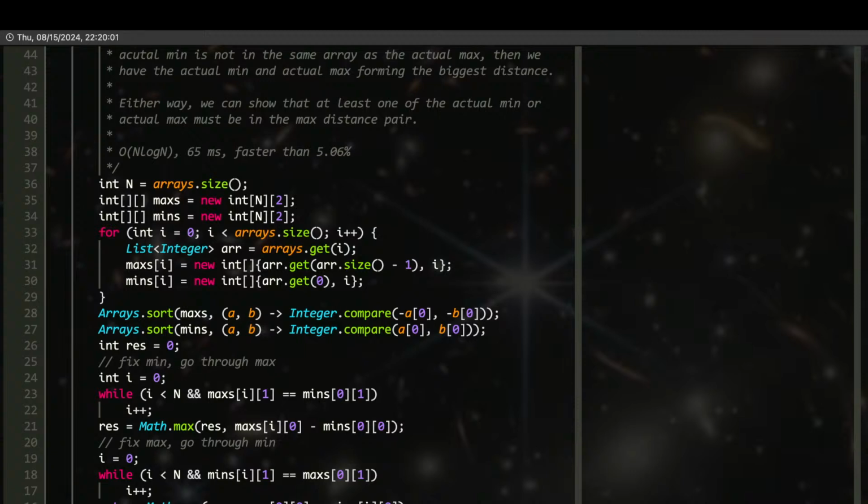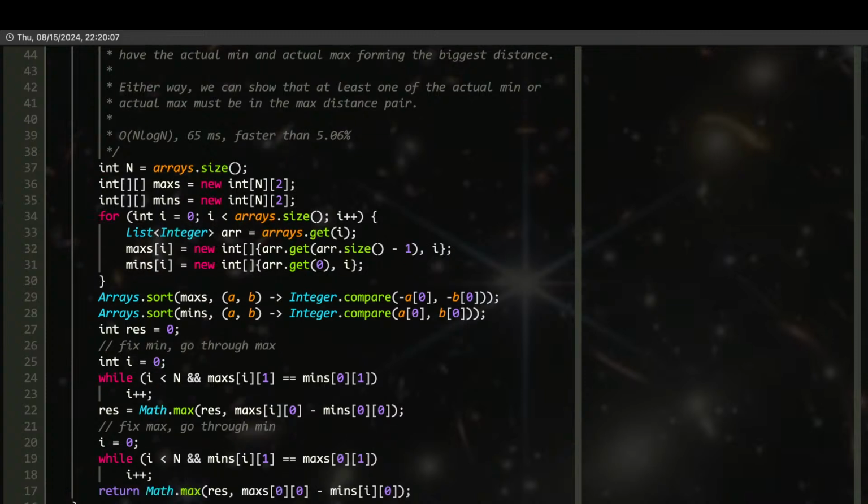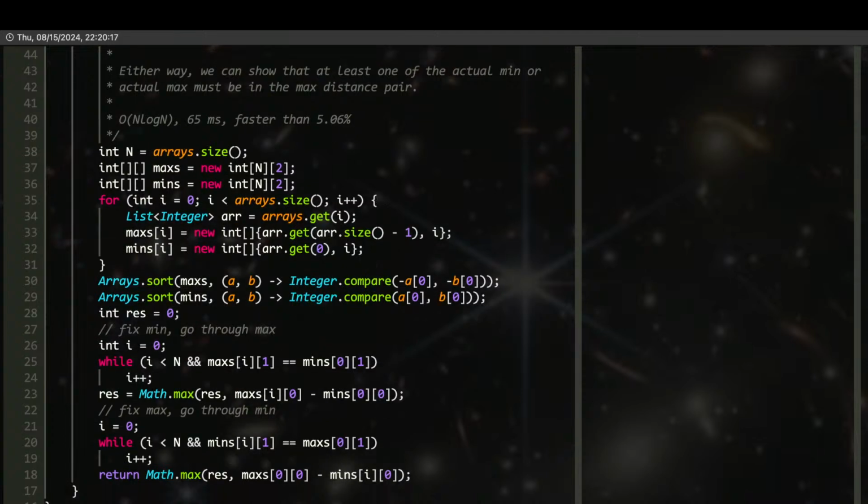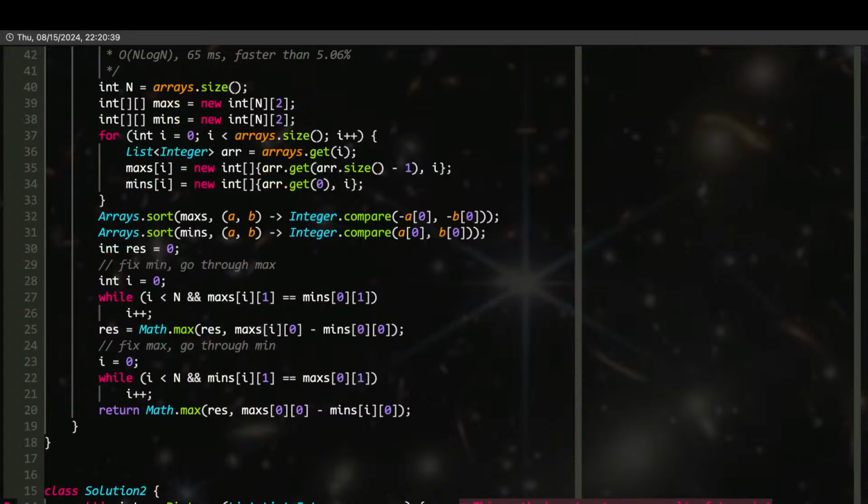If the corresponding max value occurs after the min is encountered, then since the min will be captured by the overall min, we can still apply the min to the corresponding max. Very, very brilliant solution.